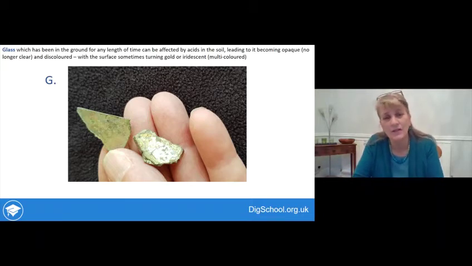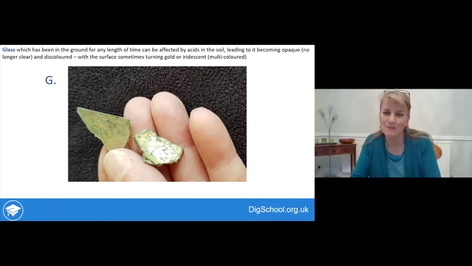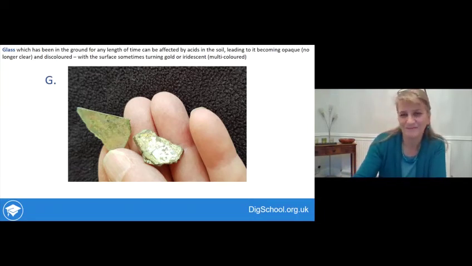It can sometimes look gold, it could sometimes look iridescent, and when it does that, it doesn't look like glass at all. If you hold it up to the light, though, you'll be able to just see a hint of the light through it, and on this picture here, you can perhaps just see the finger of the person who's holding it behind the bit on the left-hand side there, if you look very closely, just to prove it really is glass.